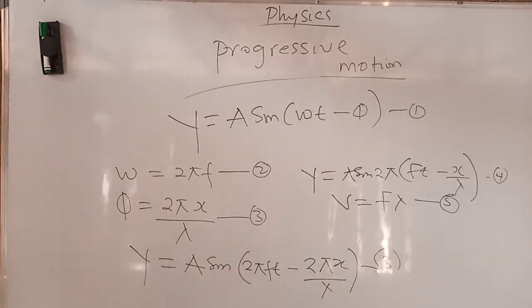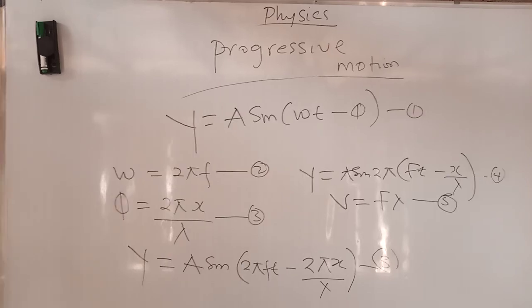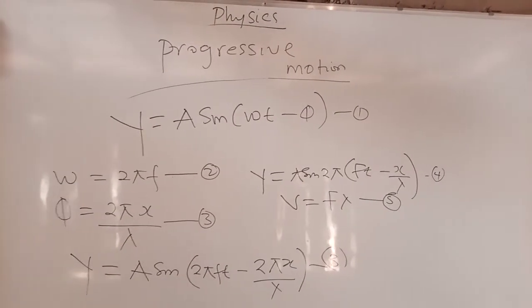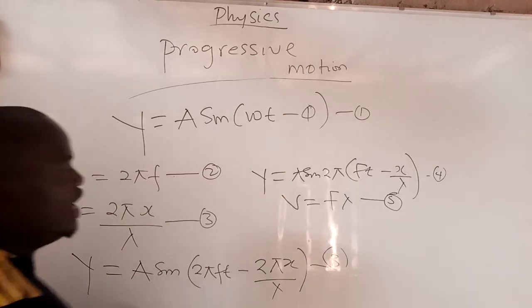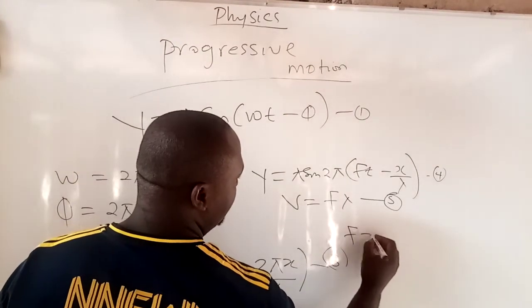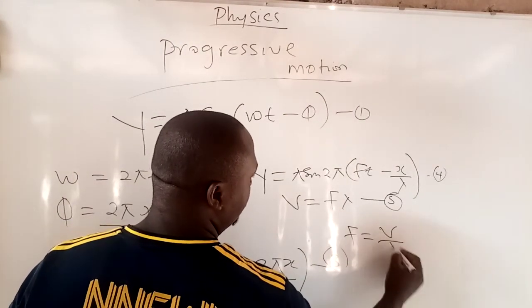So if this is this, since velocity is fλ, I want to make f the subject of the formula. So f is equal to velocity all over λ.